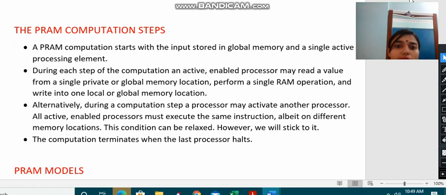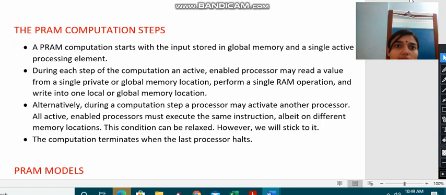During each step of the computation, an active enabled processor may read a value from a single private or global memory location. It performs a single RAM operation and then writes into one local or global memory location. Each processor has its own private memory also, where it can store its immediate data.